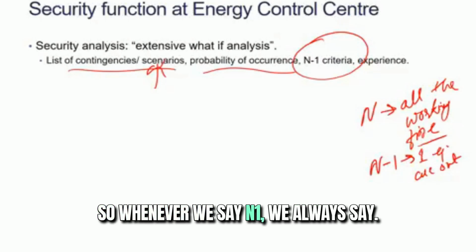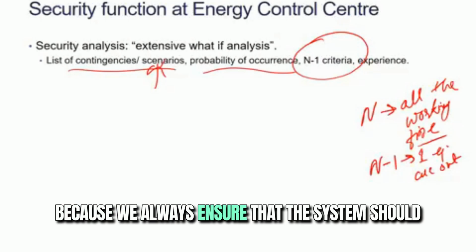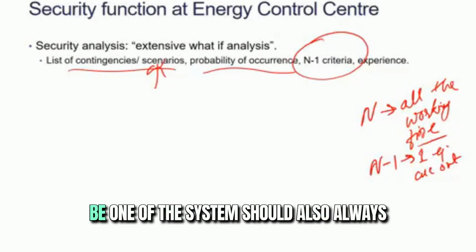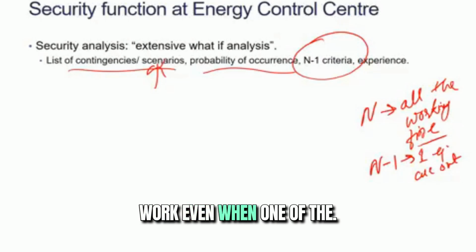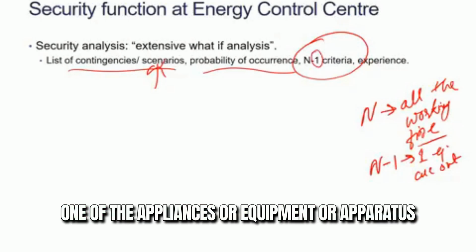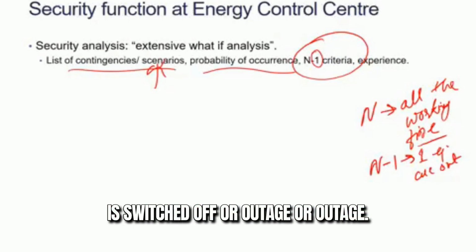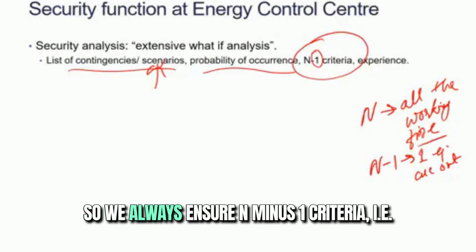So whenever we say N-1, we always ensure that the system should always work even when one of the appliances or equipment or apparatus is switched off or outaged. So we always ensure the N-1 criteria.